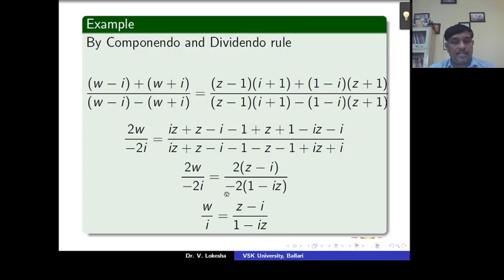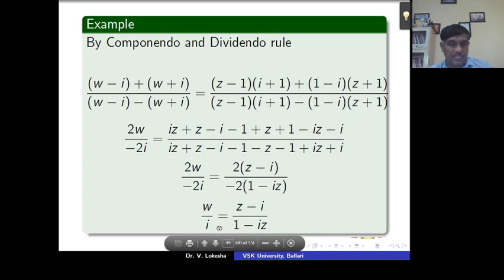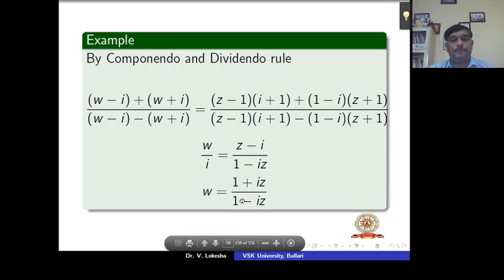If you take the minus sign common, you get −2 times (1 − iz). The 2s cancel each other, and the minus sign too, so w by i is equal to (z − i) over (1 − iz). You can transform the numerator: iz into i is −1, so the function is (1 + iz) divided by (1 − iz).